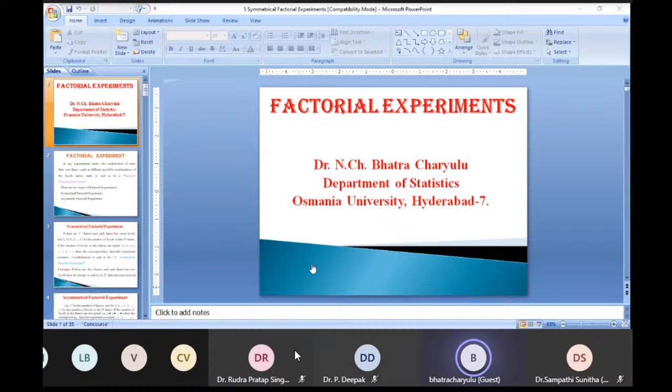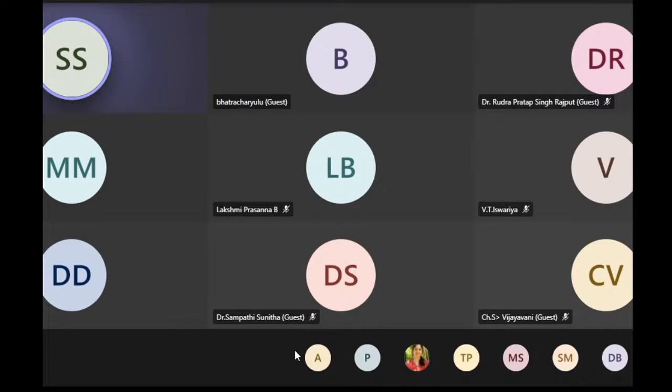You give the sharing to her. She will open the SPSS software. Anusha ma'am, I have given you presenter.